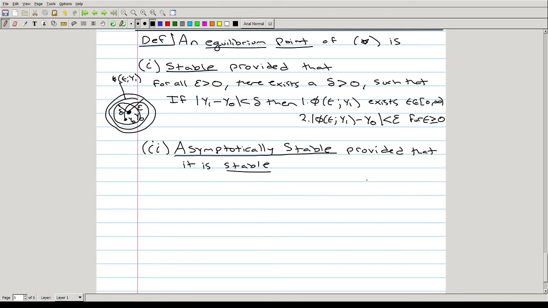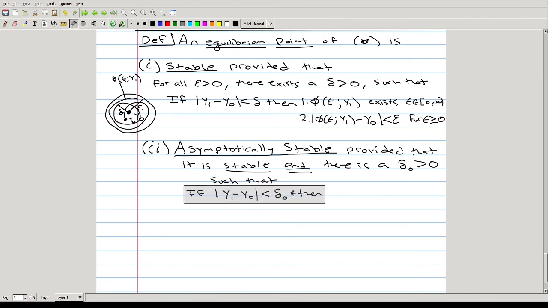So it's a stable equilibrium point, and there is some delta naught, positive delta naught, such that if the distance between y1 and y0 is less than delta naught, then the limit as t goes to infinity of the solution phi of t, y1 is equal to y0.